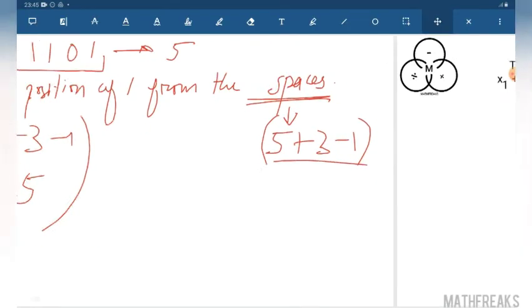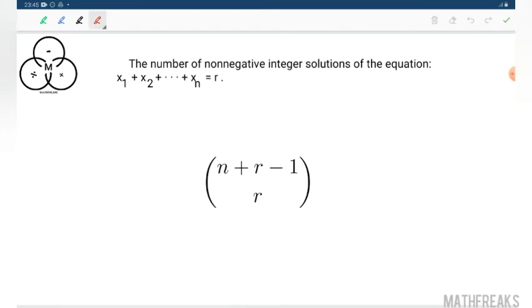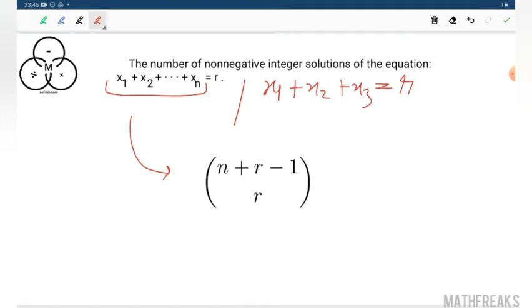If we just expand this case for n things, earlier we were having 3 things, now we are having n things. This can be observed as this formula: x1 plus x2 plus x3 equals r, where r was 5.